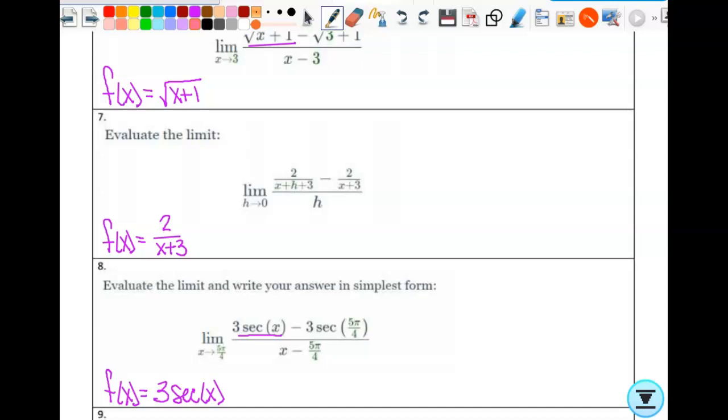Is it really that easy? Are you sure this is right? Are you sure that's right? Psst. No, that's not what you put.